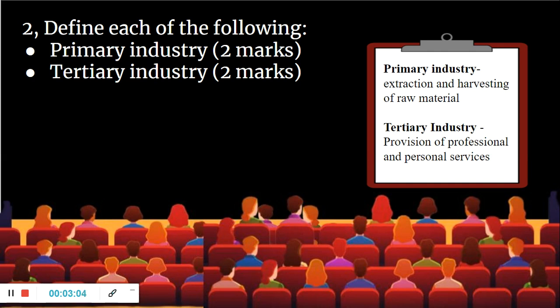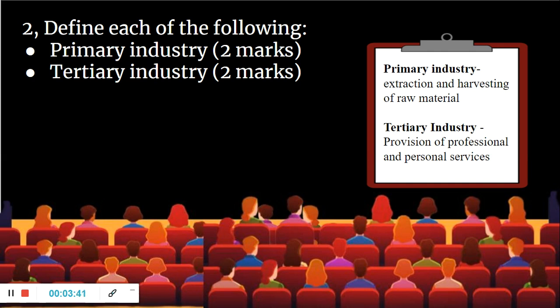So for primary industry, we can define primary industry as an industry in which raw materials are extracted or harvested from the natural environment. All right. So examples of primary industries include mining, where minerals are being extracted from the ground, or even forestry, where trees are being extracted from the forest.